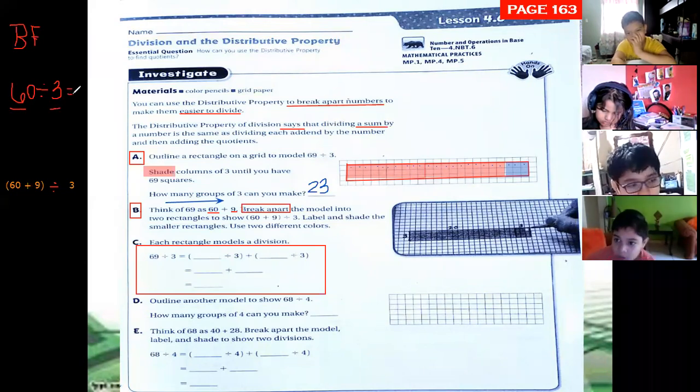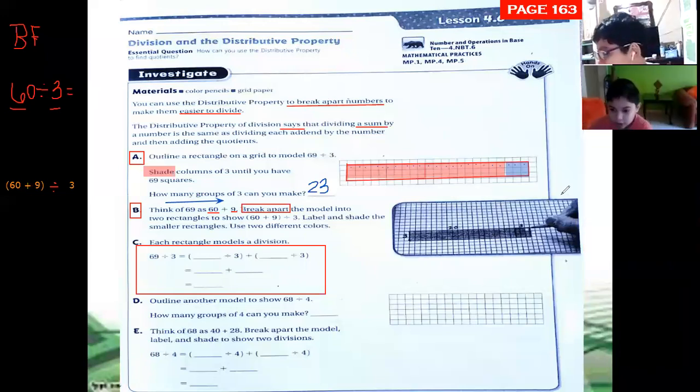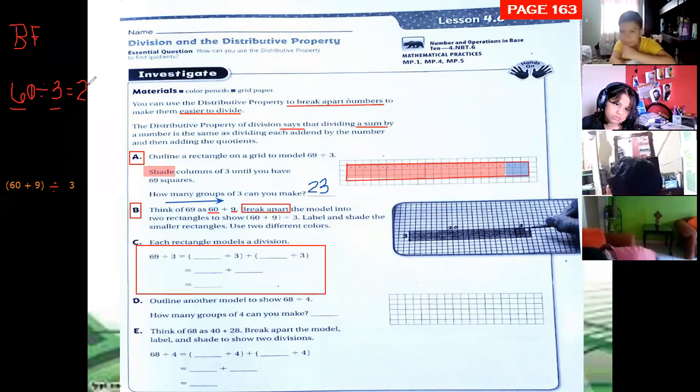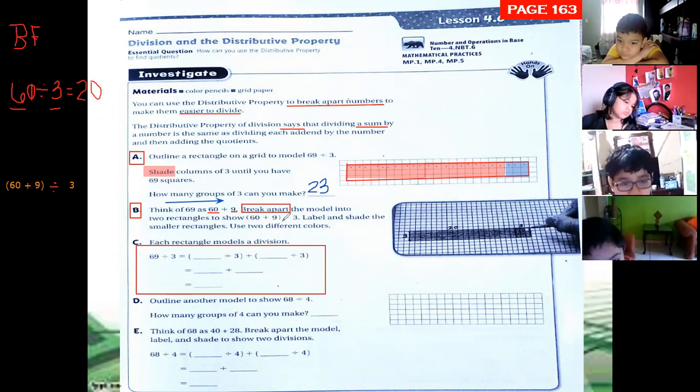Table of 3. 3 times 2 is 6. Times 2. And I add the 0 here. So the answer is 20, right? 20.